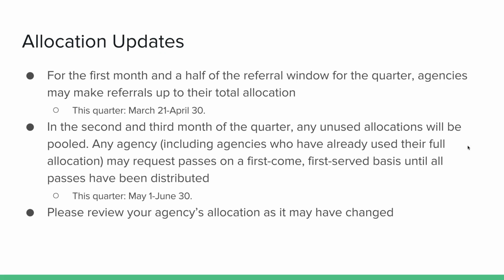And this is a new change to the allocations, and that will be ongoing for the following quarters, and it will be tweaked based on how well it works this quarter and in following quarters.